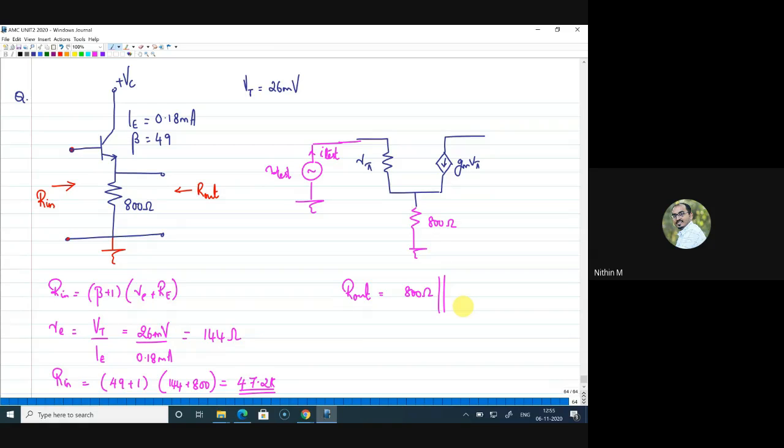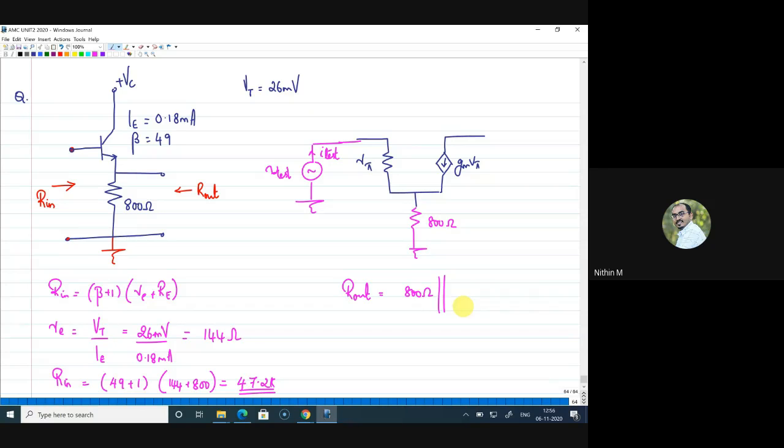And what is the parallel resistance here? Oh, Nishant is also not there.